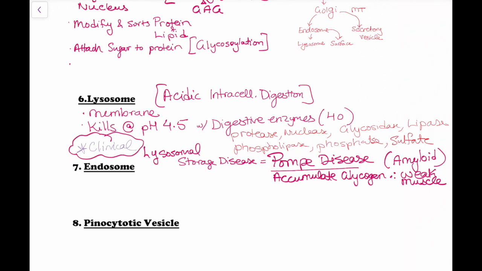Then we go into our endosomes, and endosomes fuse with our lysosomes for degradation. They are also a membrane structure. They sort material basically. So they chill with a lysosome, and they ingest whatever they have to and shuttle it to the lysosome, to its home lysosome.